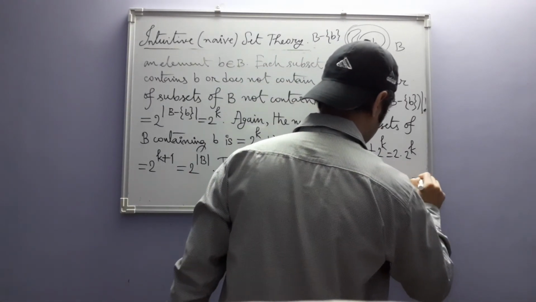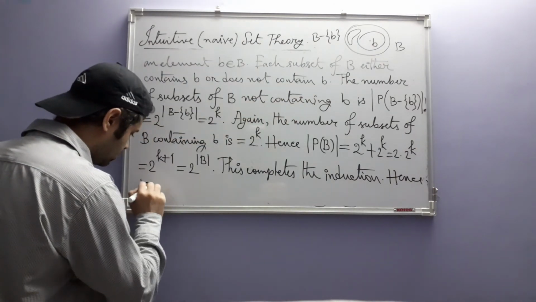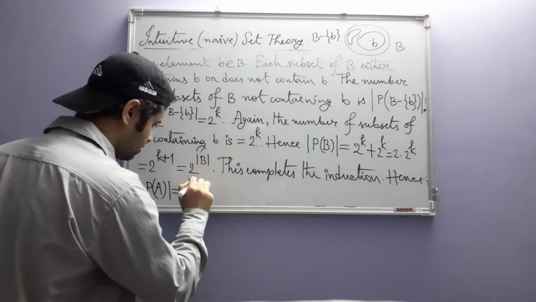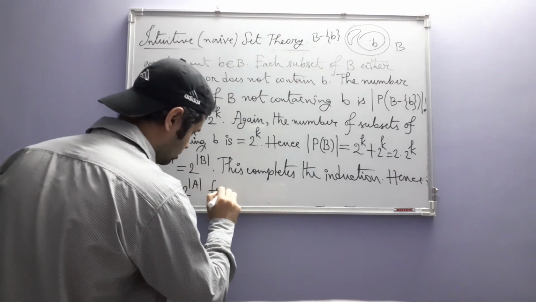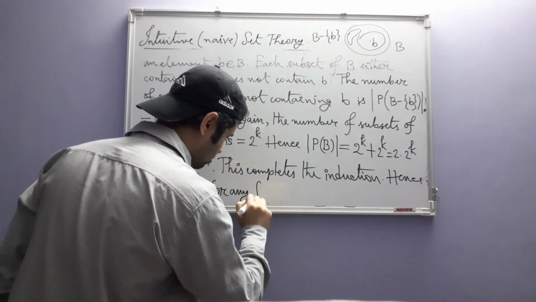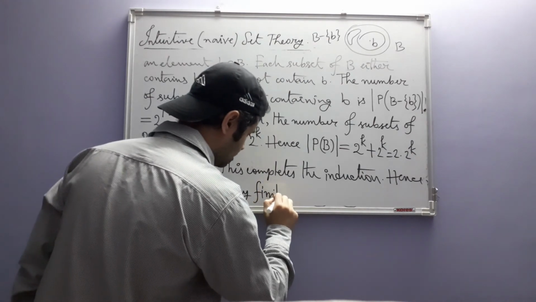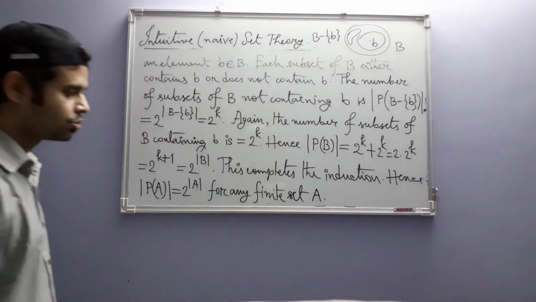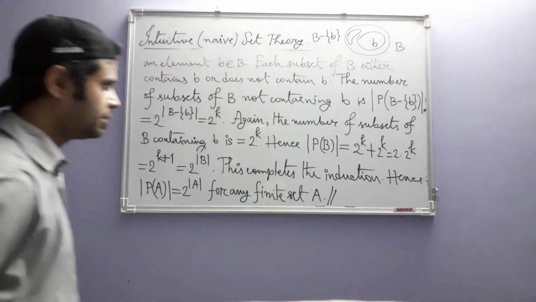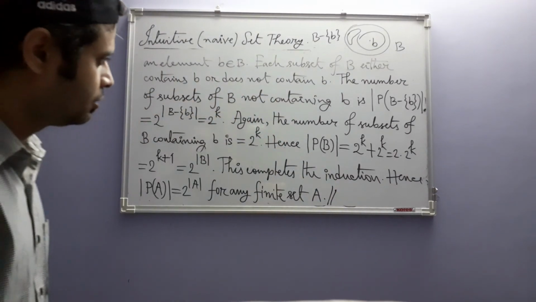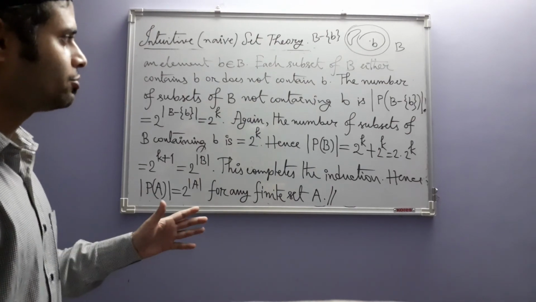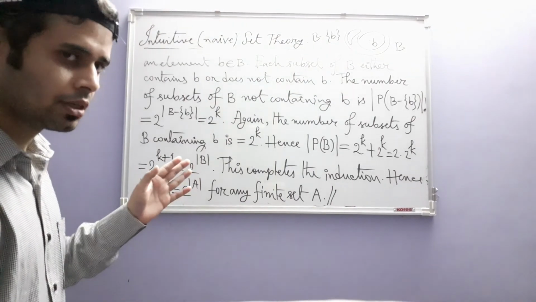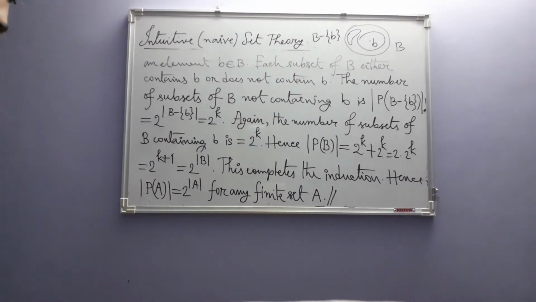Hence, the cardinality of P(A) is equal to 2 to the power cardinality of A for any finite set A. This has been proved. So these three things we have proved, and in doing so, we have seen how to use the principle of induction.